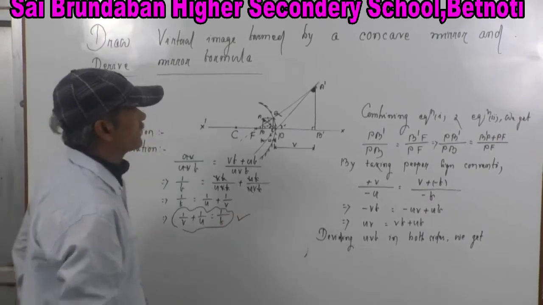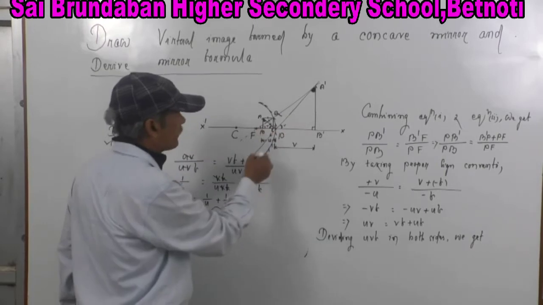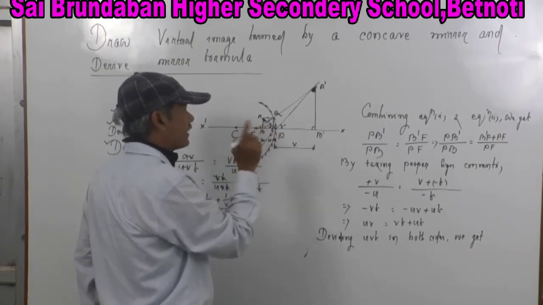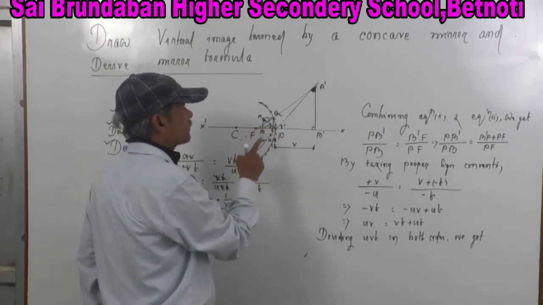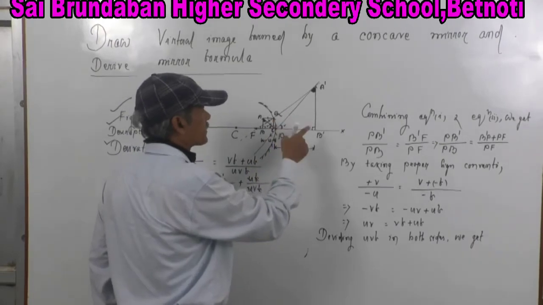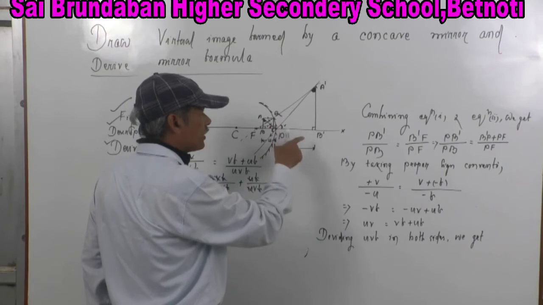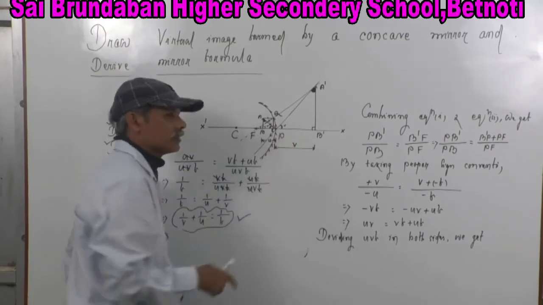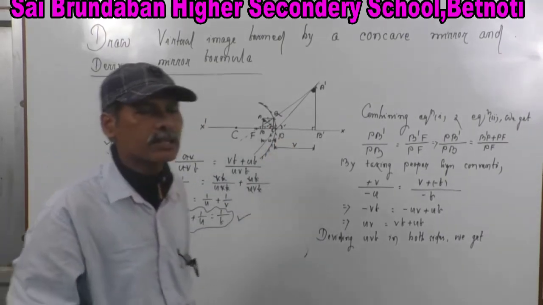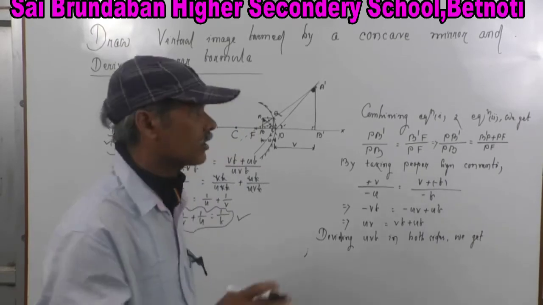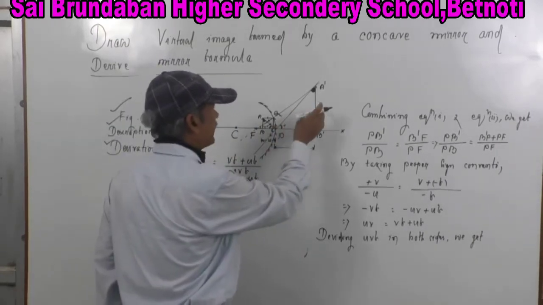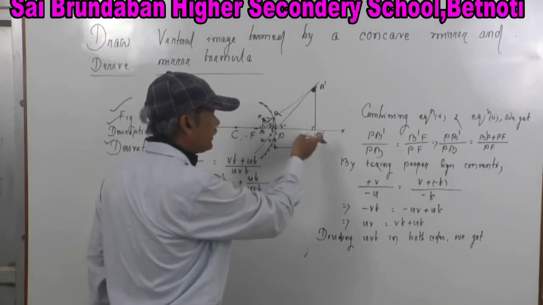We have derived it from a concave mirror, where the mirror is producing the image which is virtual and erect. Virtual and erect image formed behind the mirror.